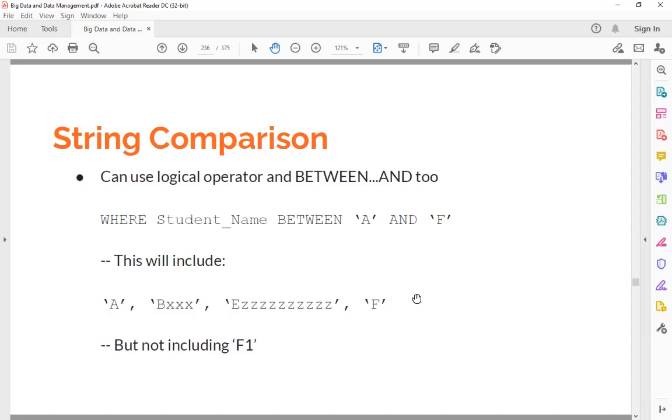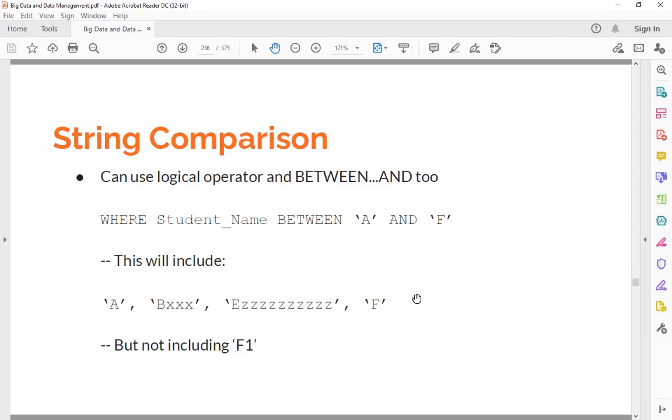For example, if you are comparing between A and F, then A or B or E or F itself are all included in this comparison, and will always give you a true, but it will not include F1.